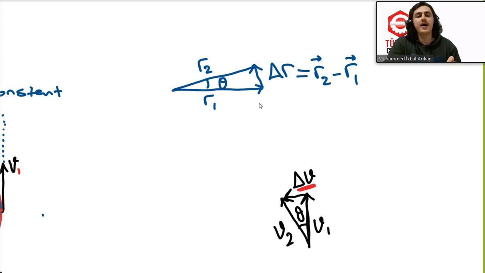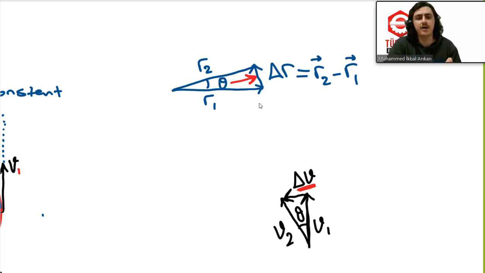So I will put a relation between these two triangles. As you know from the similarity in the triangles, when you take an angle and check the opposite side here, delta R, and take one of the lengths of the triangle, you can take this one and the other one because they are similar to each other.